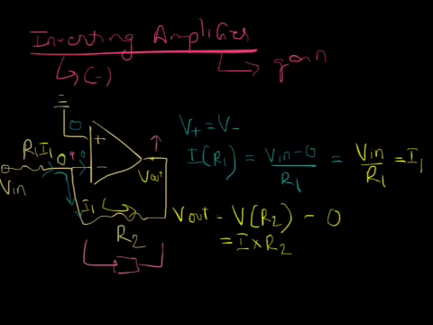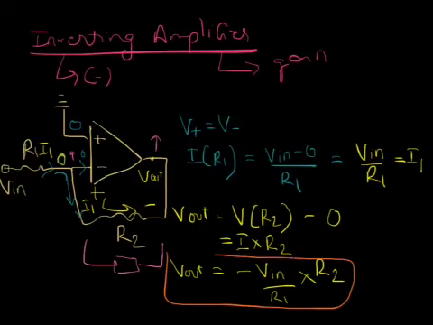So, this is going to be the positive terminal, and this is going to be the negative voltage. So what we get is that V out is equal to minus V in upon R1 into R2. And that is the transfer function of the inverting amplifier.